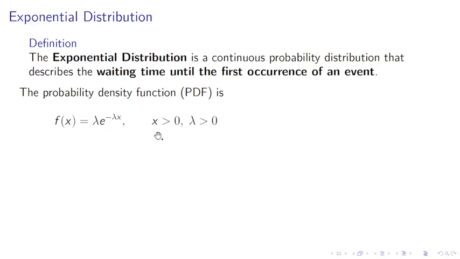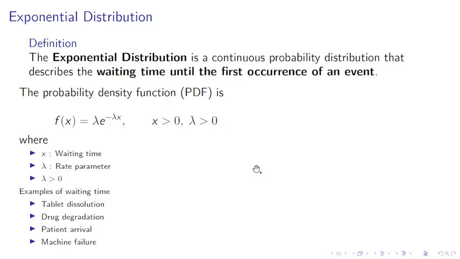The range of x is greater than 0 and the range of the parameter lambda is greater than or equal to 0. Here x is the waiting time, and lambda is the rate parameter, which is non-negative. Examples of waiting time are tablet dissolution as we discussed earlier, drug degradation, patient arrival, machine failure.